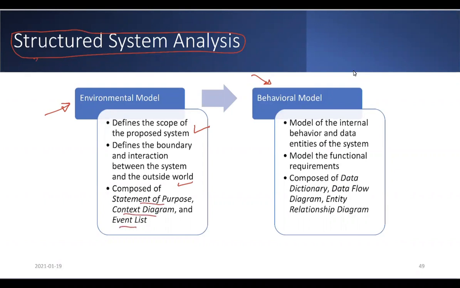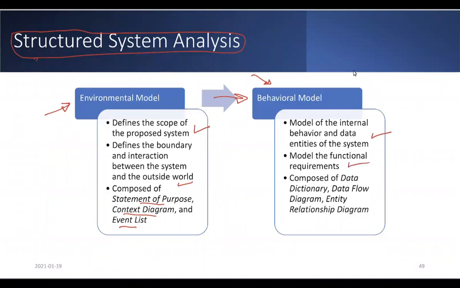Then the environmental model is later transferred to the behavior model. Both of them are structured; we just have processes and data storage. In the behavior model, we are talking about modeling the interior behavior and data entities of the system. We are modeling the functionality, the functional requirements.